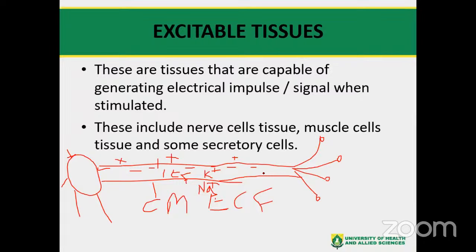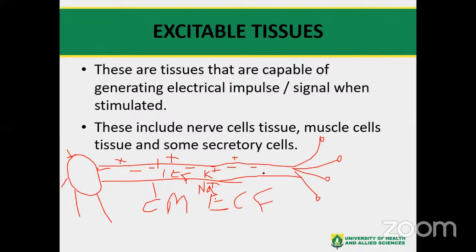When a neuron is not stimulated, not performing any action, we call it a resting membrane potential. So the resting membrane potential is the difference in the charges between the extracellular and intracellular part of the membrane of a neuron that is not stimulated.